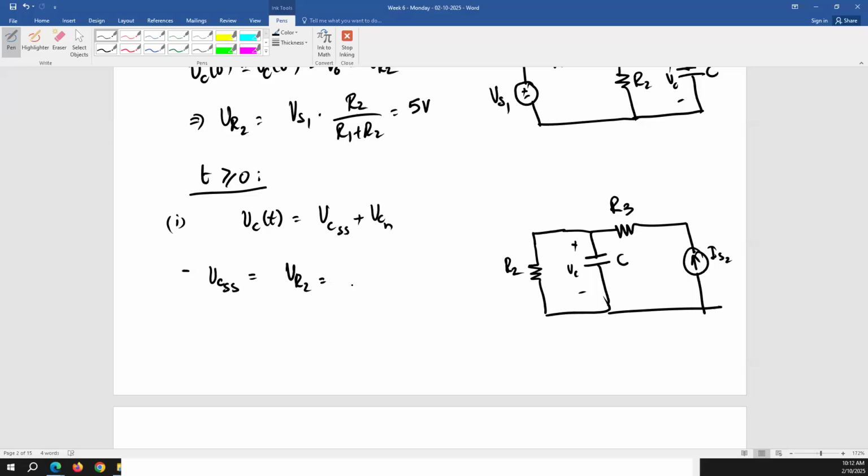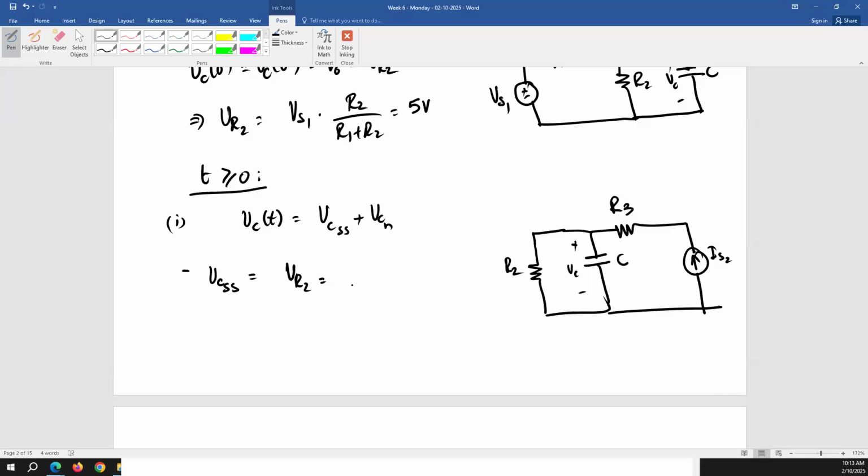IS is a constant value, so the derivative is 0. I don't know why you're bringing derivative here. It's a simple DC circuit. R2 plus R3 times IS is the voltage across the capacitor? No, that's not correct.